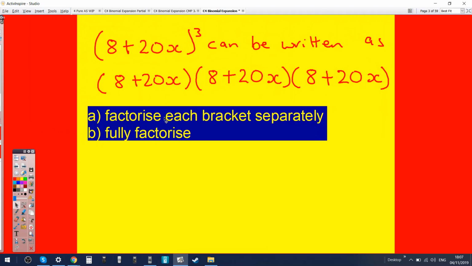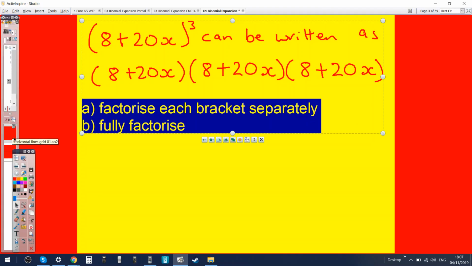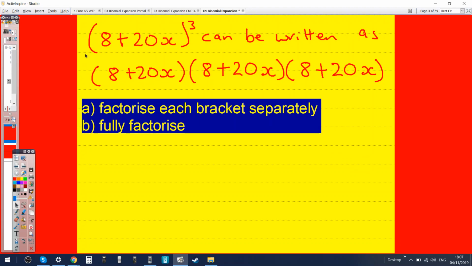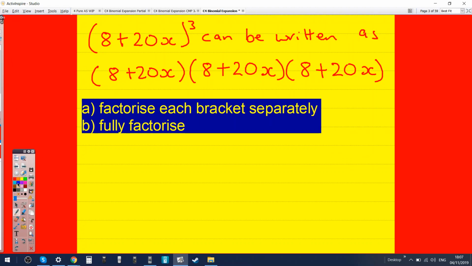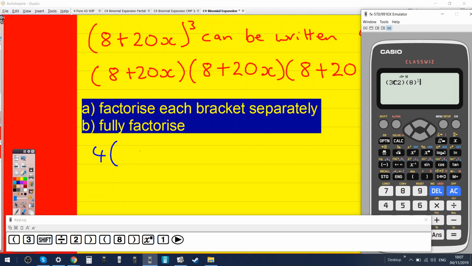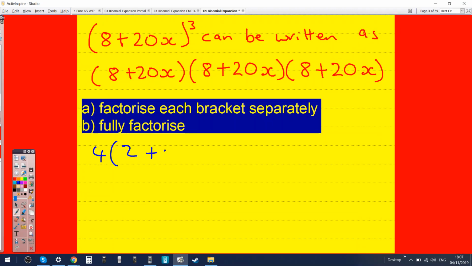Okay, this one. Factorize each bracket. What do you get? No, just factorize the first bracket. So that is 4, then 2 plus 5x. And if you did that 3 times, because there are 3 brackets, how could you then fully factorize it?